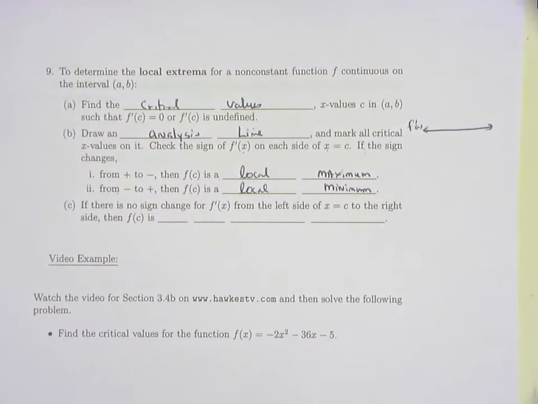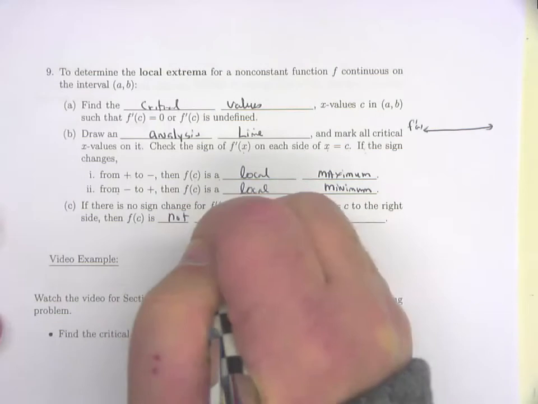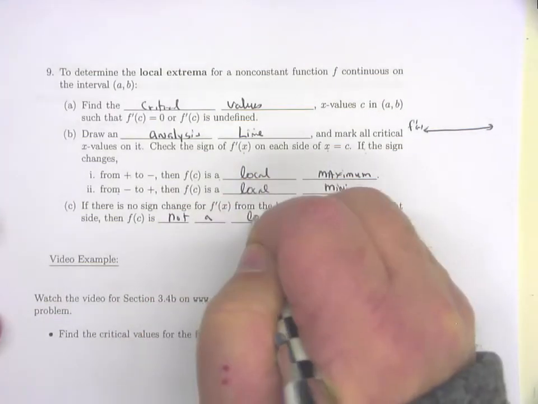Okay, if there is no sign change for f prime of x from the left side of x equals c to the right side, then f of c is not a local extremum.